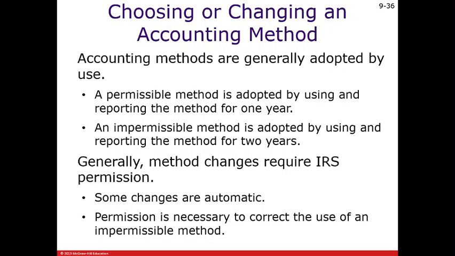So again, for permissible accounting methods, you adopt by using and reporting the tax results for at least 1 year. For impermissible accounting methods, whether intentional or not, the business adopts that impermissible method by using it for 2 consecutive years.